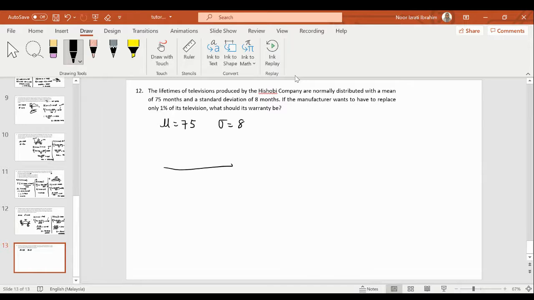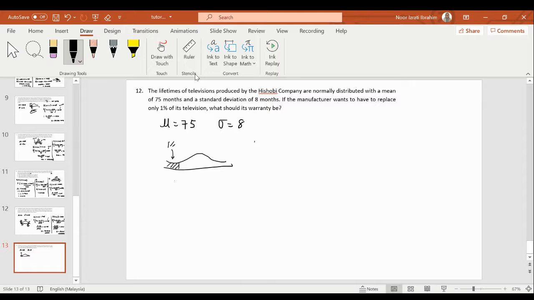So obviously they will put the warranty on the new purchase only. So only 1% should be here, the shorter lifetime, not the longer lifetime, to get more profit.